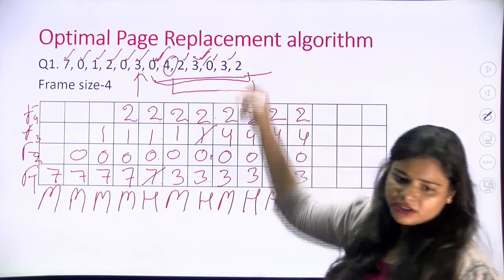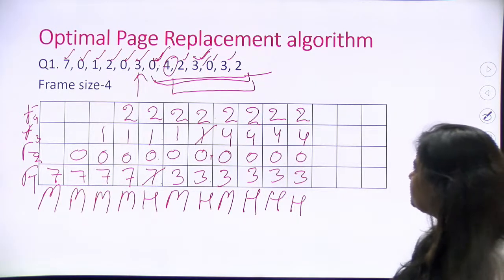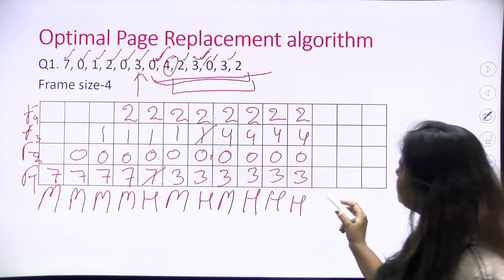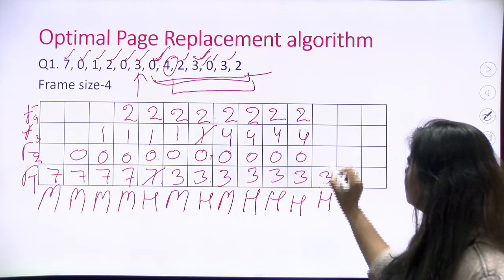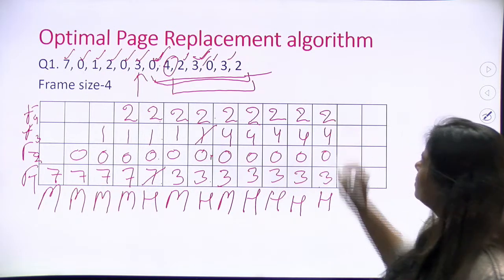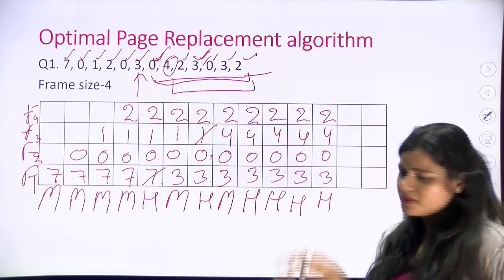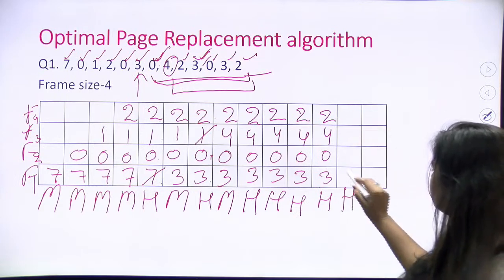Now 3 is already present inside the main memory, so it is a hit. Now I am having 2, already present, so I will write it as a hit.